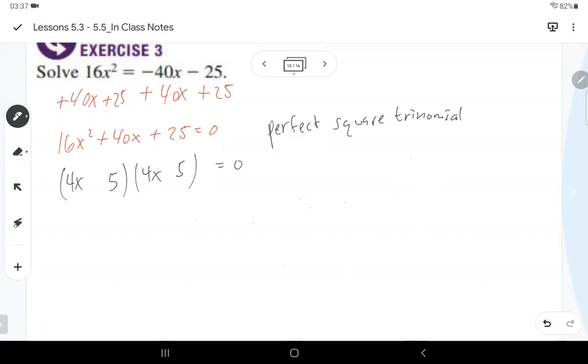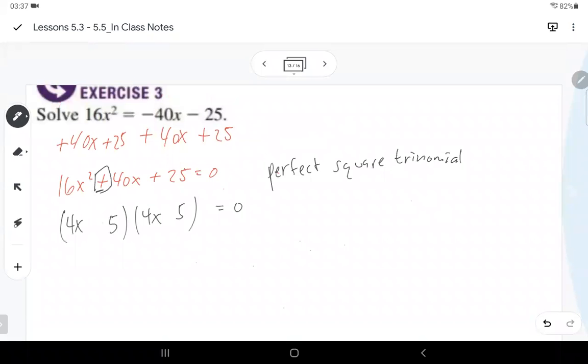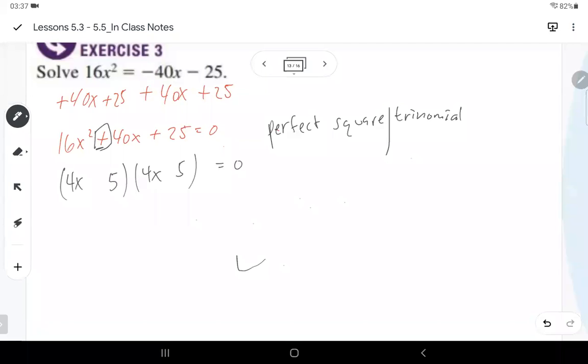Our middle term is positive here, so we're going to do a positive. You could write that as 4x plus 5 quantity squared equal to 0. Okay.